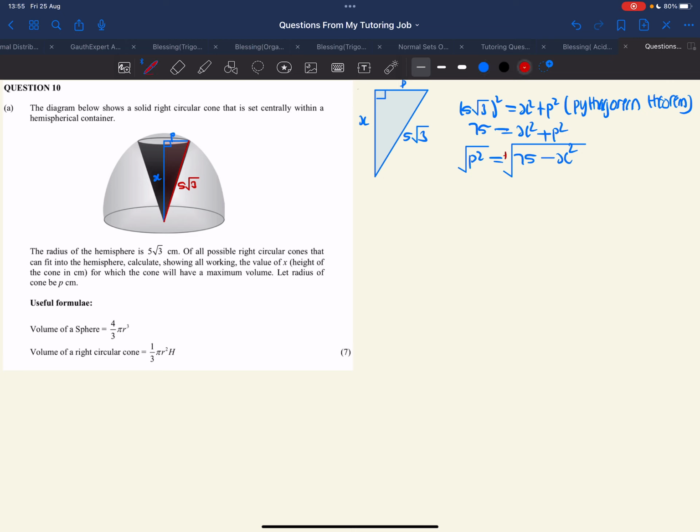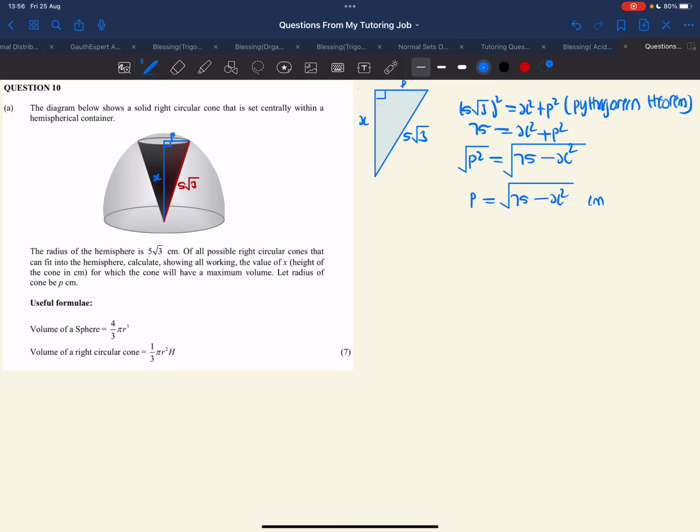But what I want you to be careful of is that we are dealing with lengths. Length cannot be negative, so we just take the positive answer. So basically our p should be the square root of 75 minus x squared, which is in centimeters. Okay, now so we have everything else.